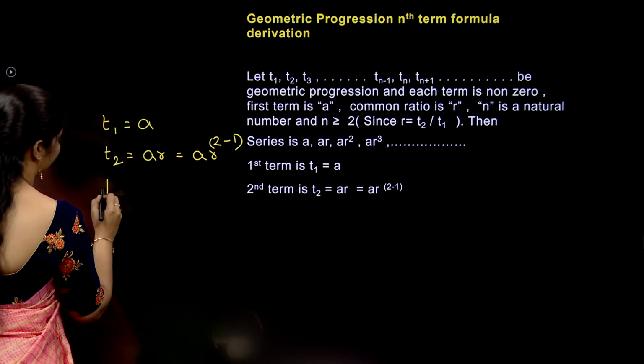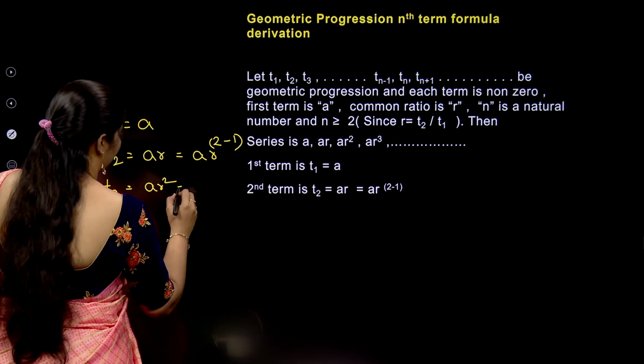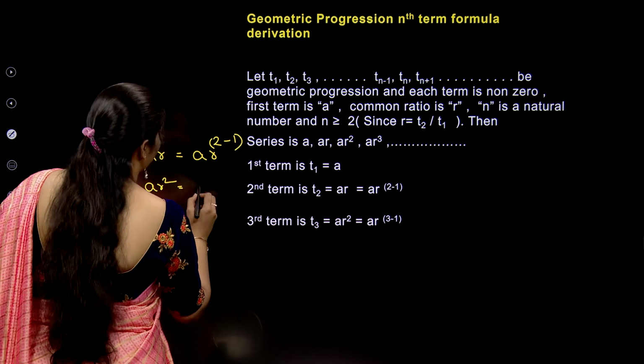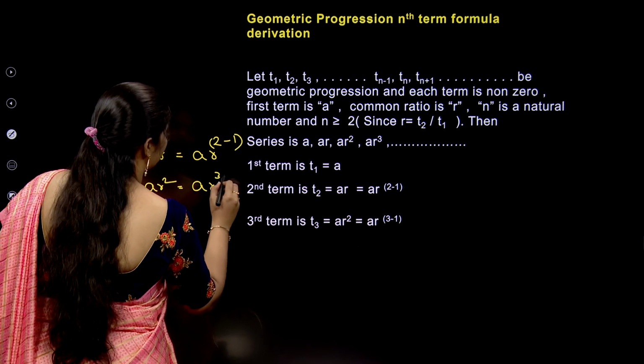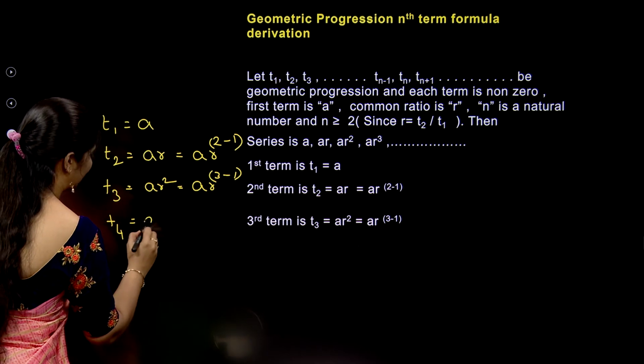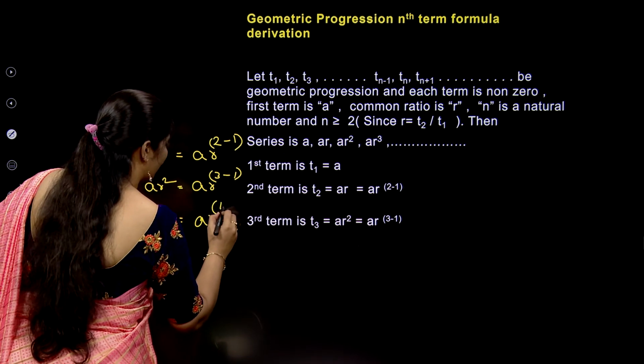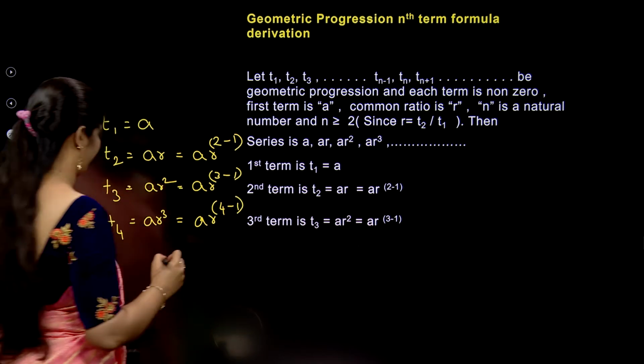Okay children, next T3 equals AR square, that means AR power 3 minus 1. Next T4 equals AR cube, that means AR power 4 minus 1.